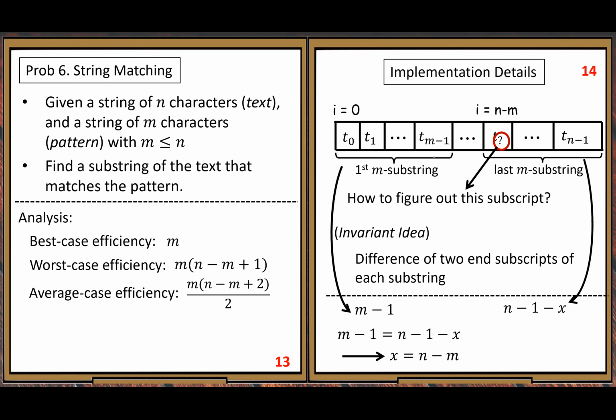That's all the cases you have. So you can add them up, divide by a number, and you will get this one. So that's the average case efficiency. Any questions?